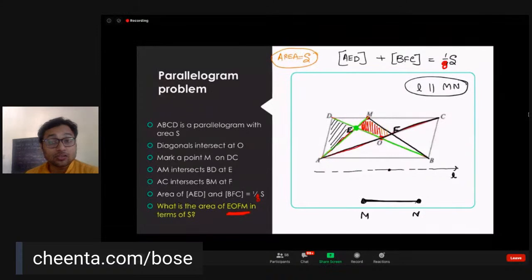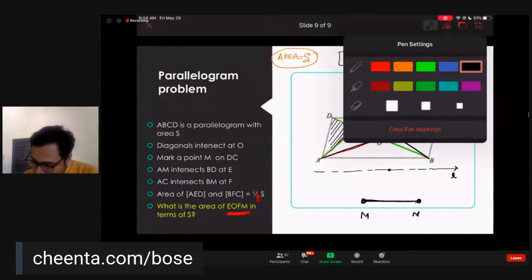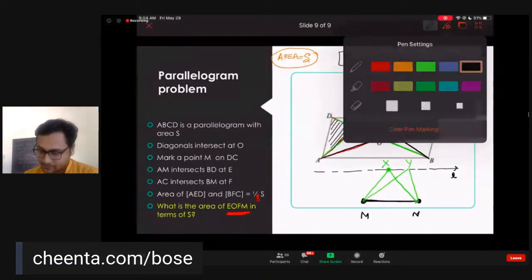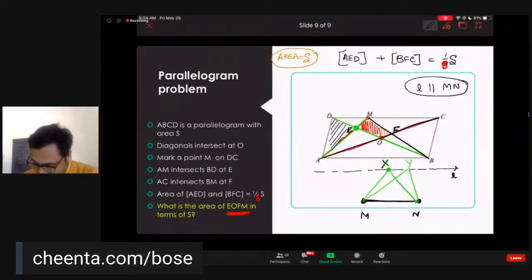Now we draw two triangles, one like this, and maybe another one like this. This is X, this is Y. So what is the setup? The setup is that we have MN parallel to XY.